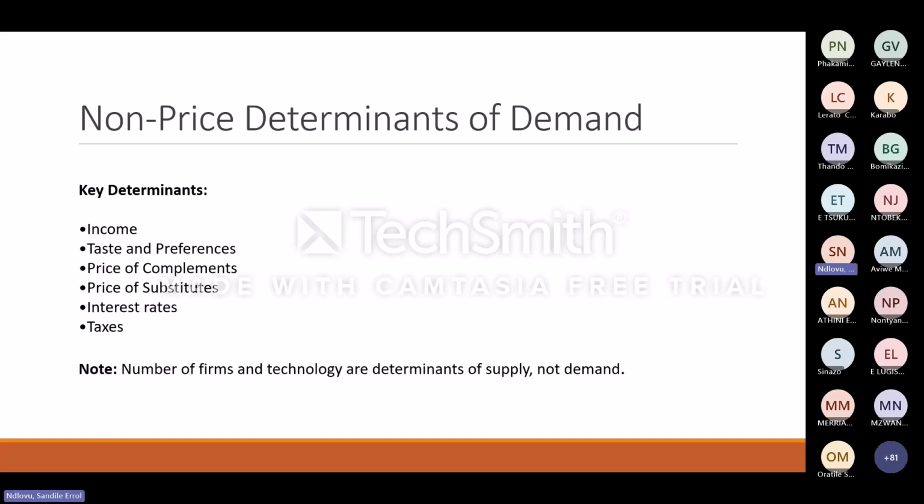The more firms operating in a certain market will determine whether that market is a competitive market, a monopolistic market or an oligopoly market, right? So depending on which market you're operating in, that will influence your supply. And another determinant of supply would be technology.